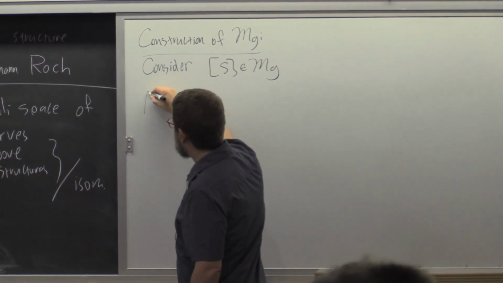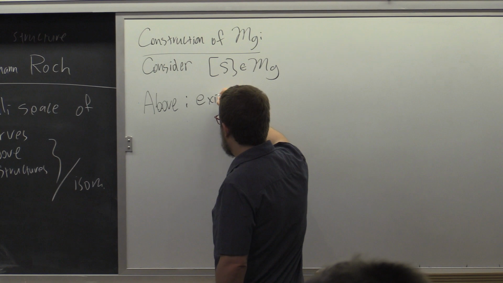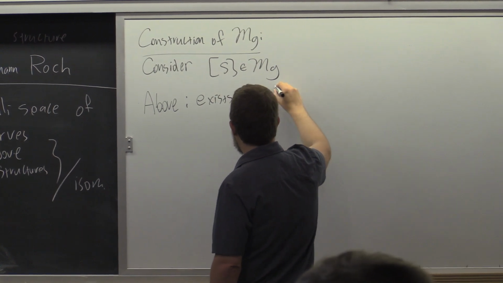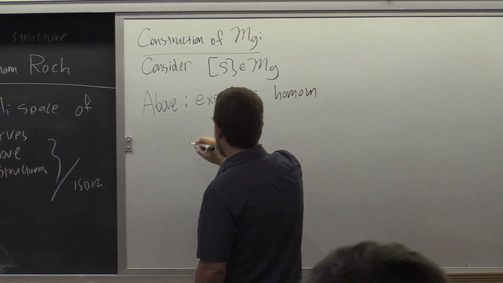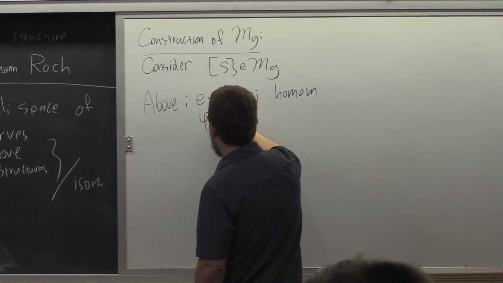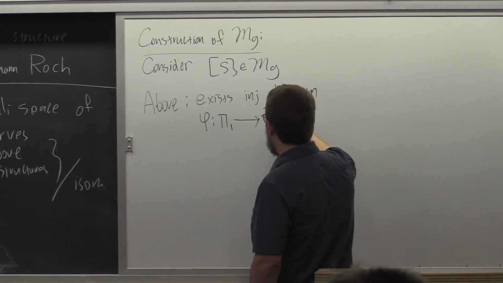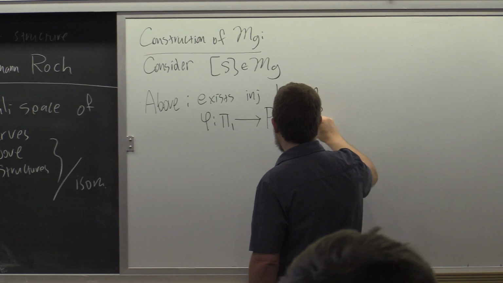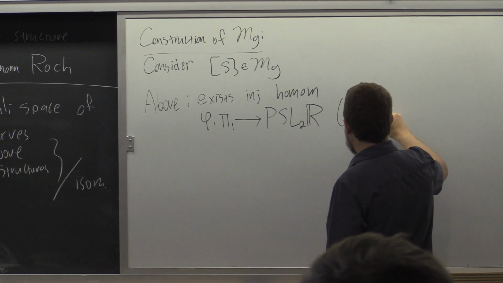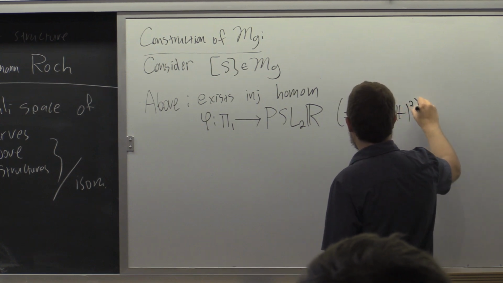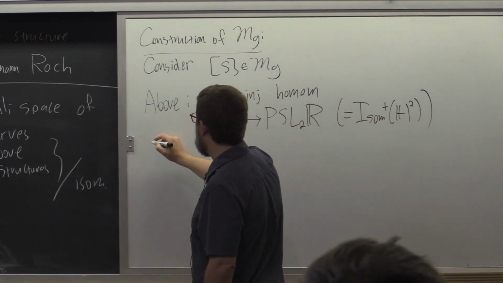And so then the above shows that there exists an injective homomorphism, let's call it phi, going from pi_1 of S, which I'm just going to call pi_1, to PSL_2(R), the same thing as the group of hyperbolic isometries of H^2. There exists an injective homomorphism with discrete image.